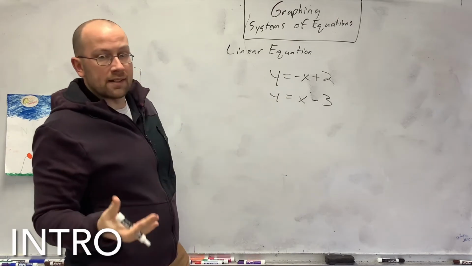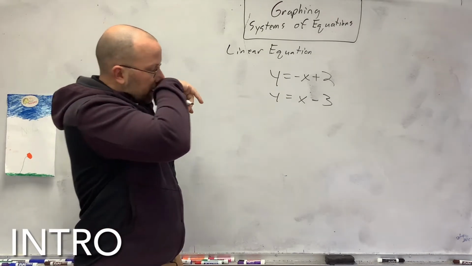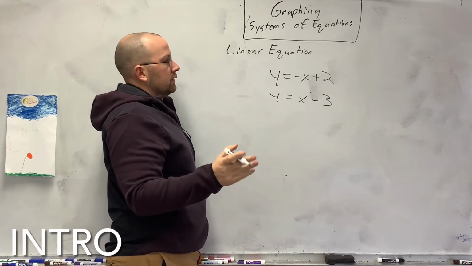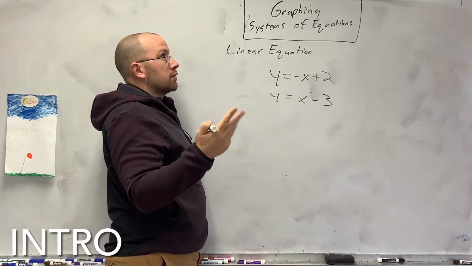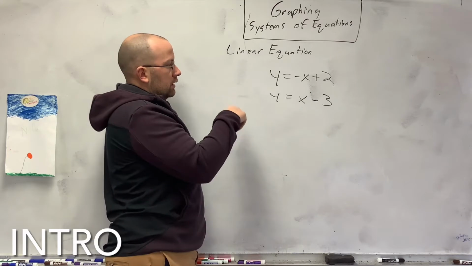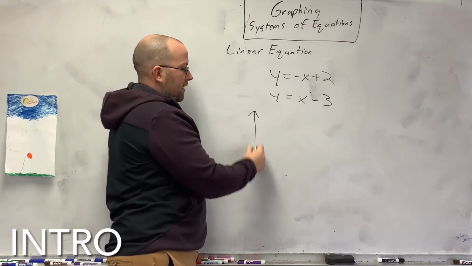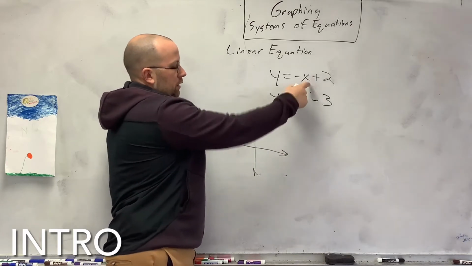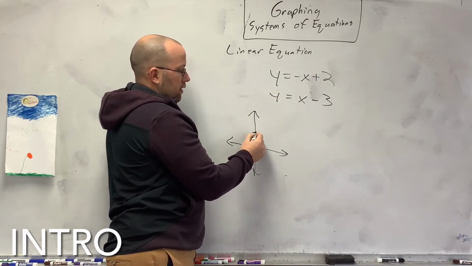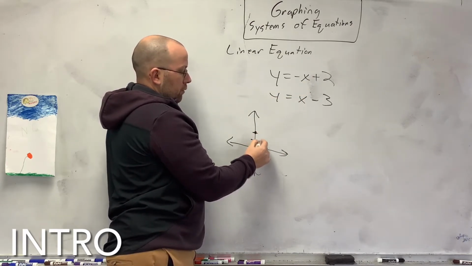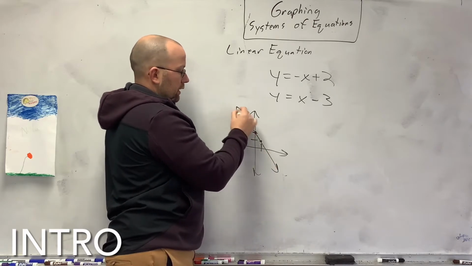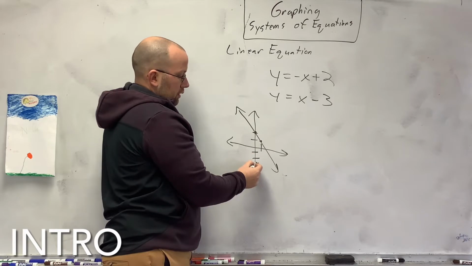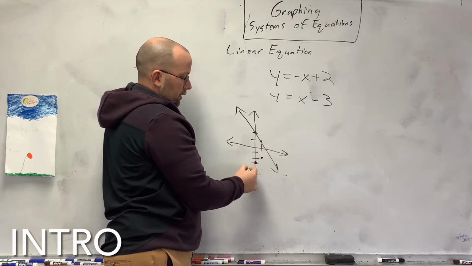Now we're going to talk about in a second consistent, inconsistent, and equivalent. Or no solution, all solutions, or one solution, no solution, or all real numbers. So when I graph this, I'll graph this one first, down one, over one, and graph this one, up one, over one.